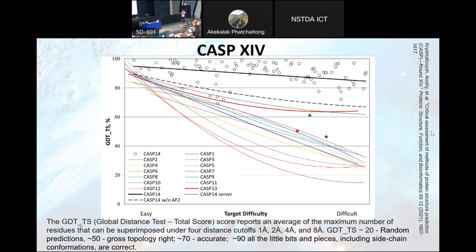In a difficult case, the easy ones have been confidently solved pretty long back. For the difficult part, you can see this is around 70. That means you kind of have the gross topology. You know if it is a beta bundle or alpha helical, but you do not know the details, okay? And then AlphaFold 2 jumped it to almost 90, close to 90, okay?